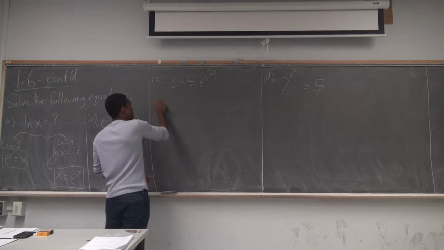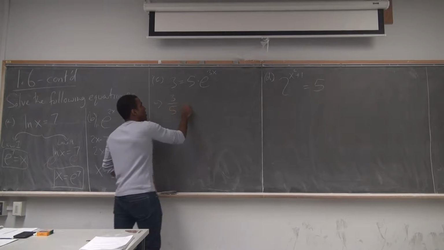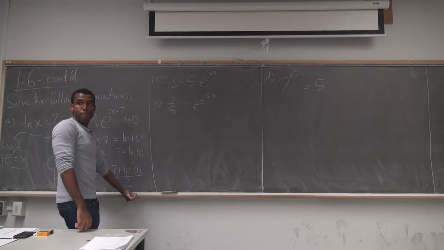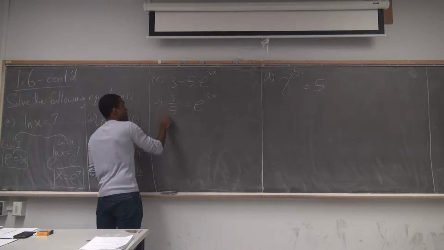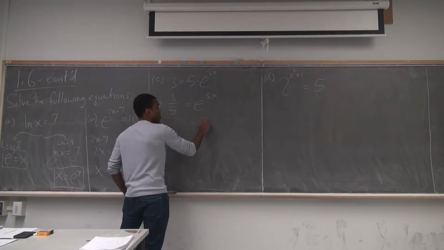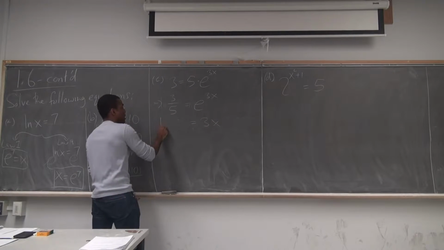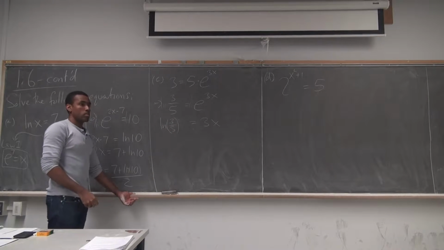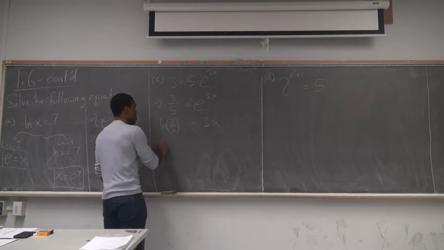Just move to the other side, divide both sides by 5. Now what? Now you ln both sides. So on this side, ln and e cancel, you just get 3x. On this side, ln of 3 over 5. Then divide both sides by 3 to solve for x.